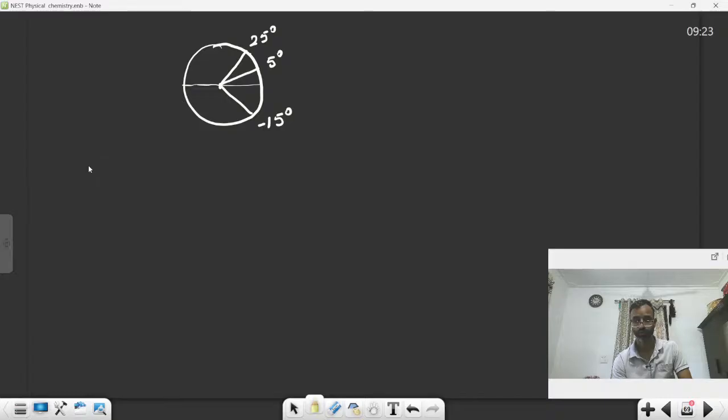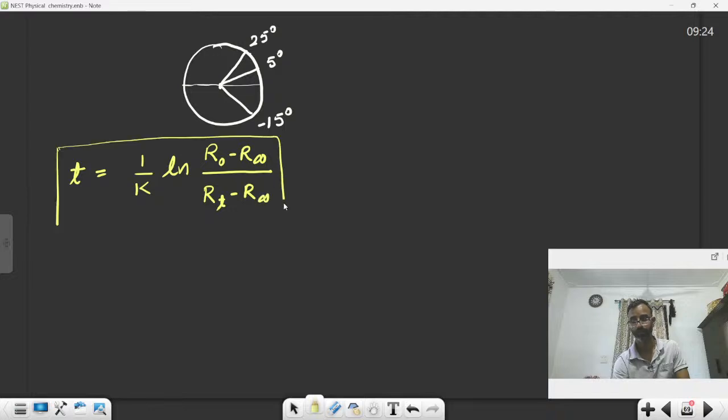So the equation is t equals 1 upon k natural log of R naught minus R infinity divided by Rt minus R infinity. This is the relation.